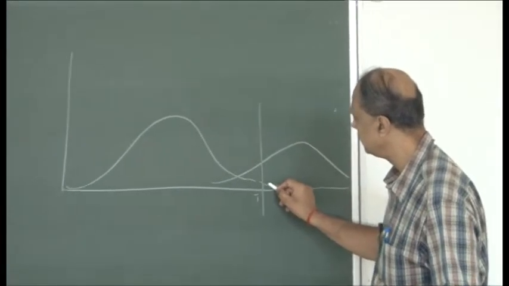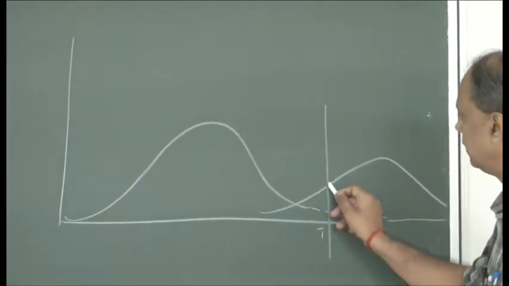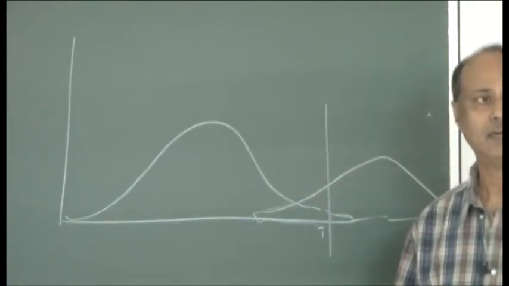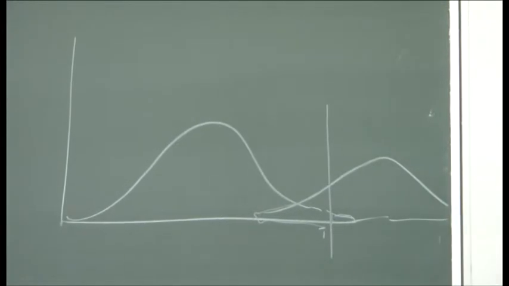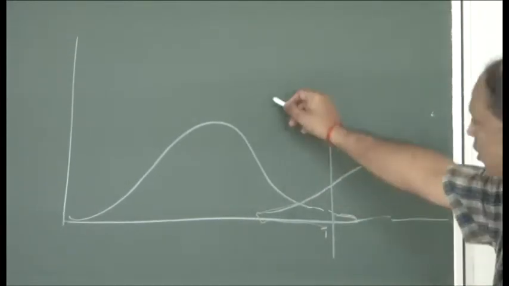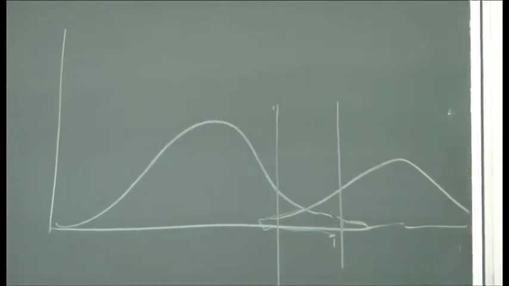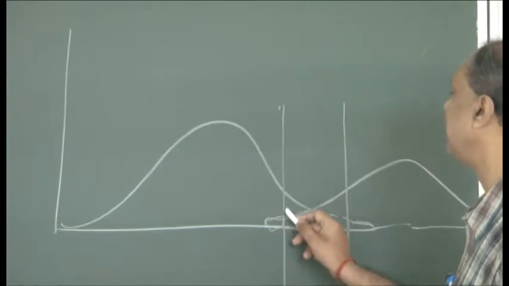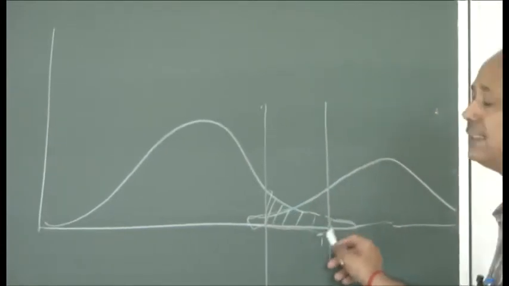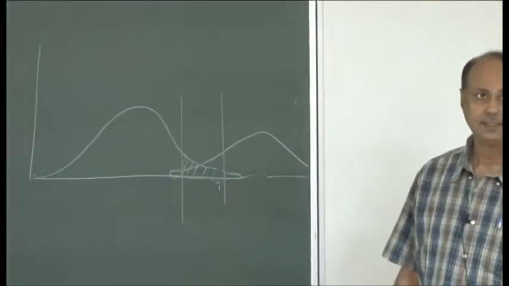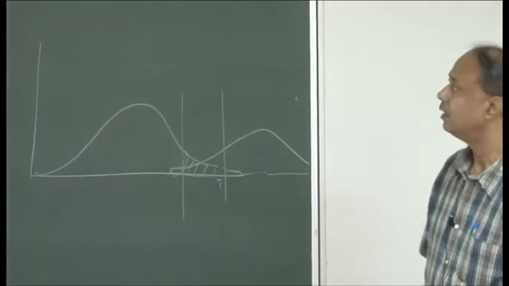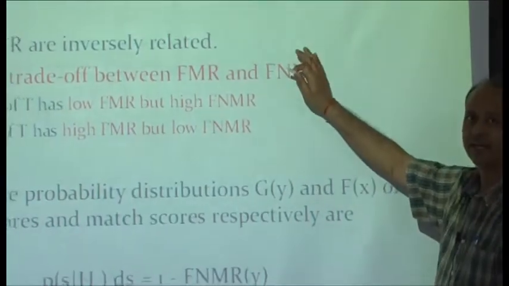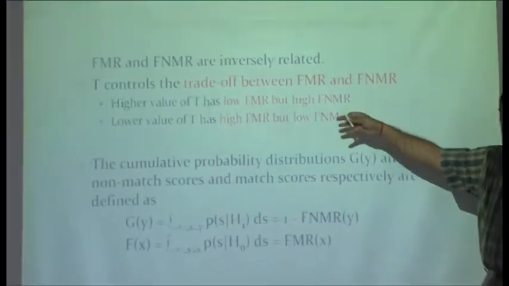This is becoming less, but false non-match is becoming high. But if T is small, in the case of a similarity measure, false non-match is less, but false match rate is high, right. So, you have to decide your FMR and FNMR based on your T.